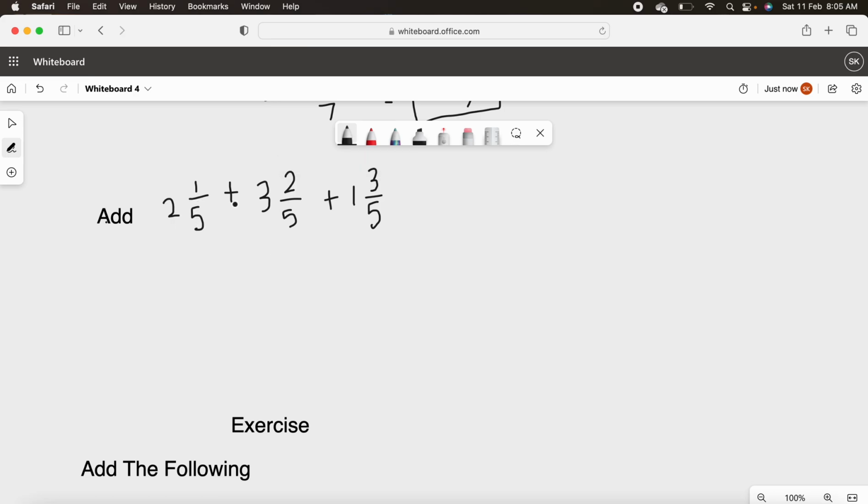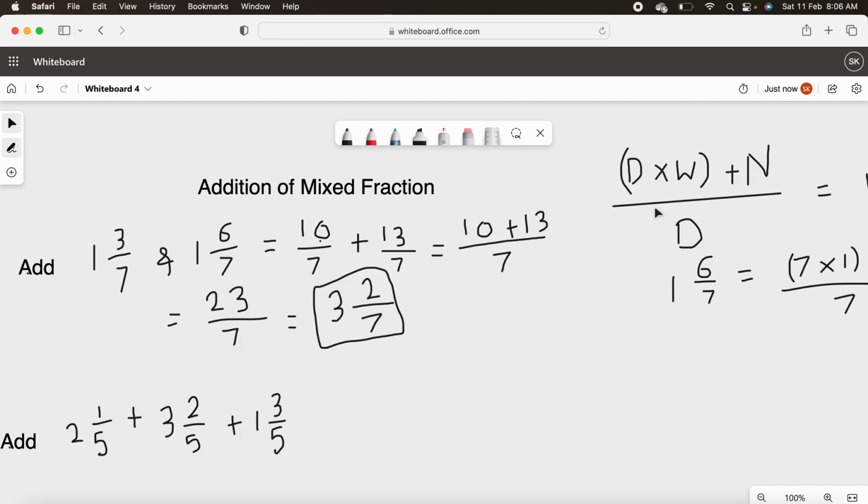Guys, add 2 1 by 5 plus 3 2 by 5 plus 1 3 by 5. Same formula. What's the formula we used here? Guys, look at this. What's the formula? D into W plus N divided by D. Correct? Now write it here. Formula: denominator into whole number plus numerator by denominator.